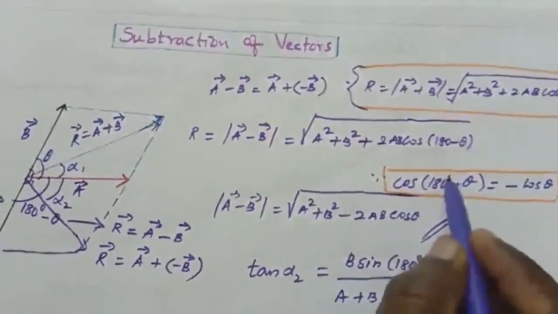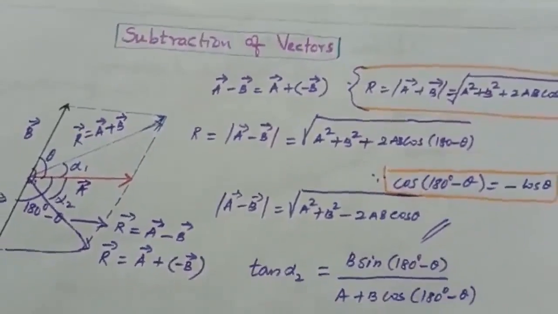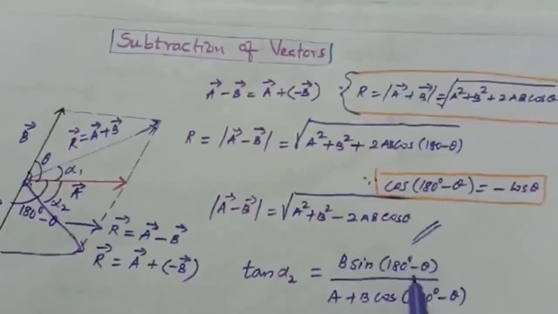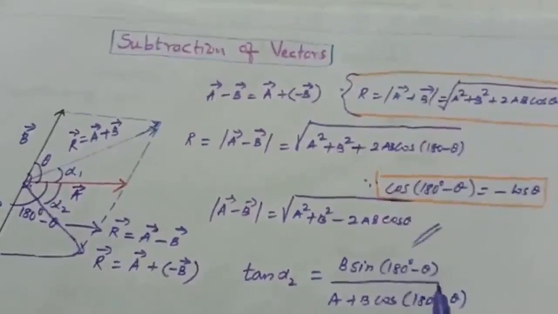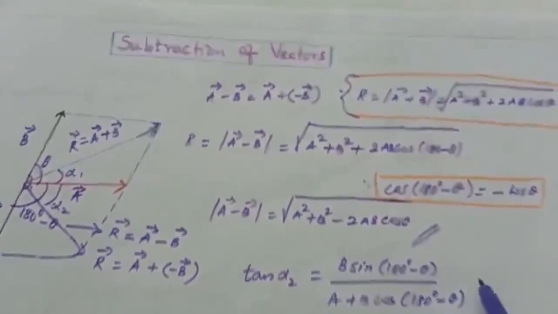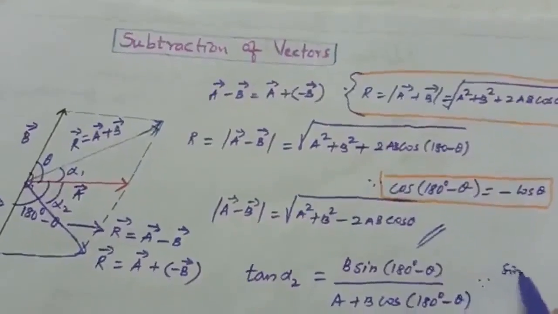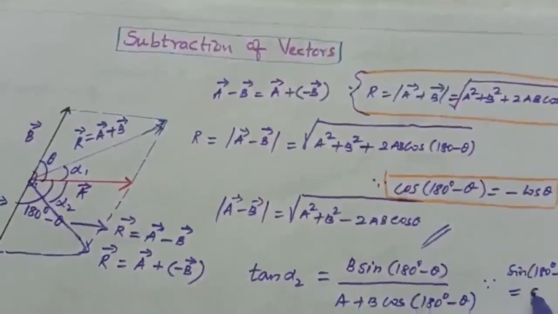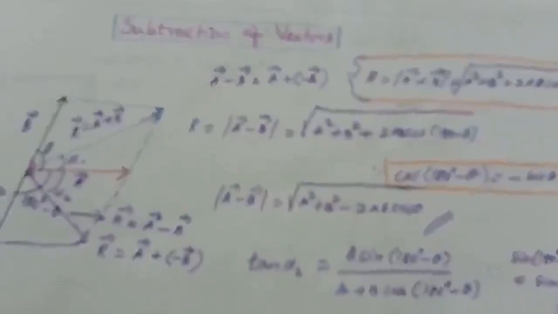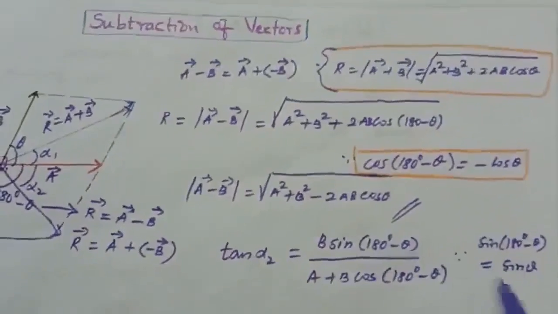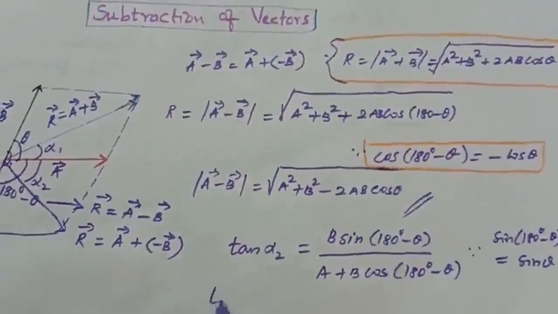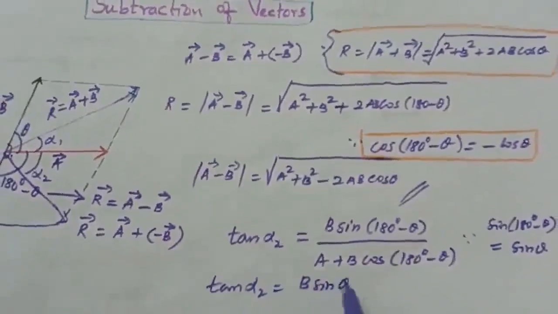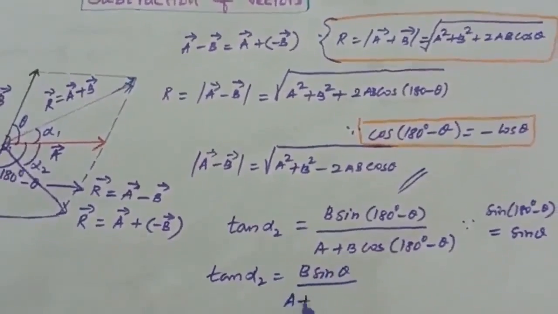Now using the trigonometry relation, what is sin of 180 degree minus theta? That is nothing but sin theta. Now substitute here. Therefore tan alpha 2 is equal to B sin theta divided by A plus B cos theta.